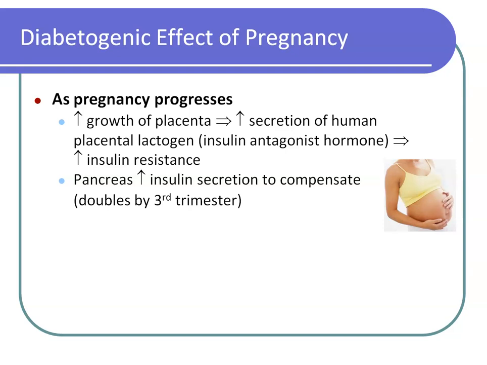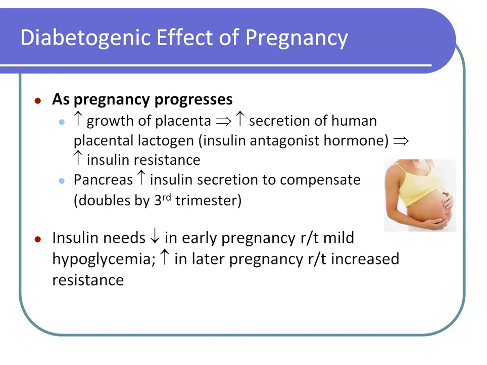And it can also be a problem for a woman that becomes diabetic during the pregnancy. Sorry, this is what I just said about her insulin needs decrease in early pregnancy and then increase in later pregnancy. This is normal.